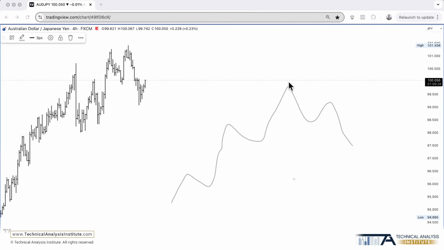So we could say, well, it's the same thing, but it isn't. Because the wave principle is the only system that actually gives you a set of rules and guidelines that specifically shows that if they are followed, then the trend is in that direction.